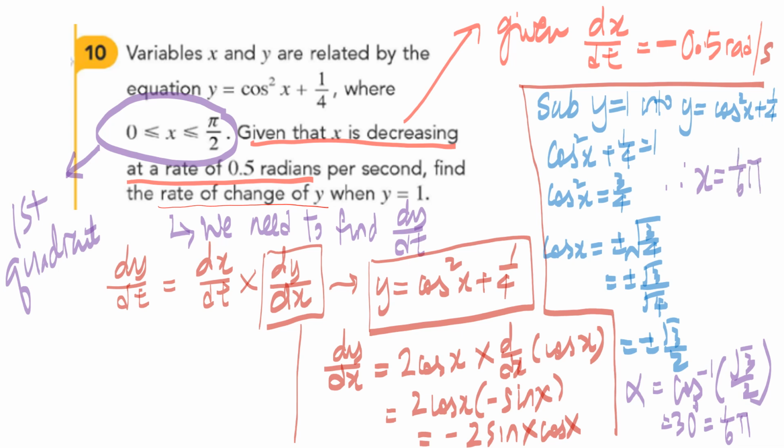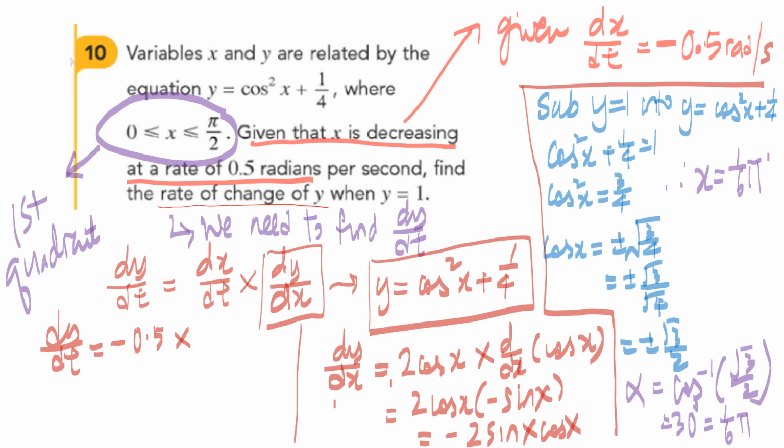Okay, so with this x equals 1 over 6 pi, what do I do? I substitute into your dy over dx, and then finally I can find your dy over dt. So let's look at your dy over dt equals negative 0.5 times your dy over dx, which is negative 2 sine x cos x.